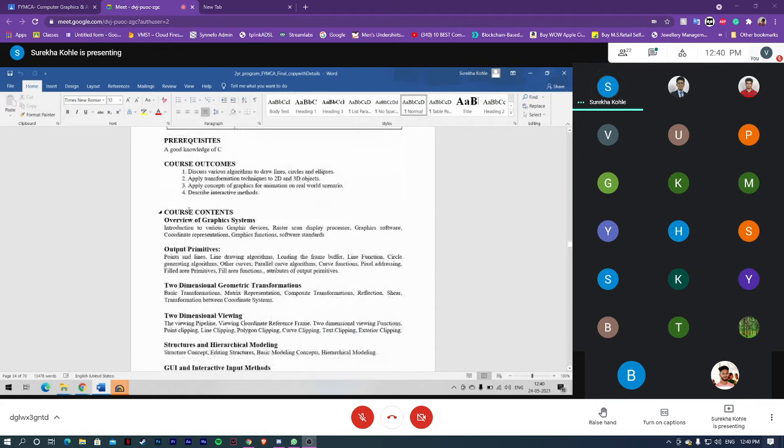And we have the two-dimensional geometric transformation. In this, we can use the two-dimensional functions, through which we see how the object is going to transform from one place to another place, and how the object is going to resize, whether decreasing or increasing the size. It depends, right? And how the object is going to distort.